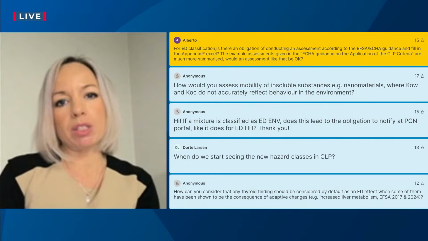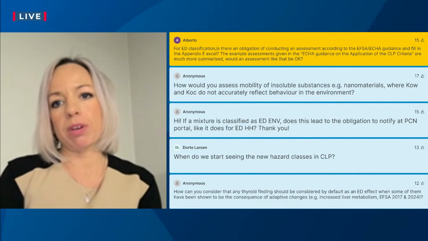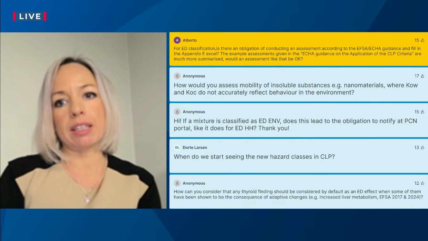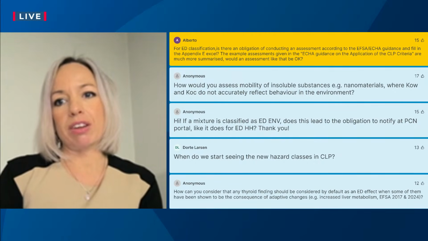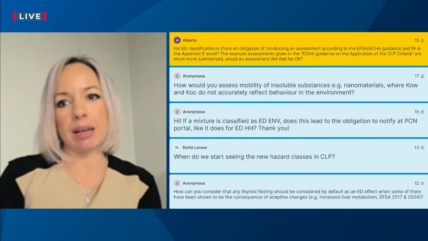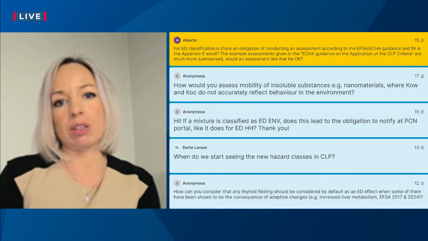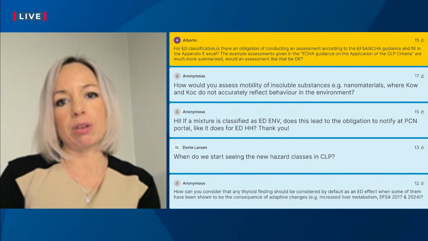I think something that could be very helpful on this is to look at the new CLH template, which is available on our website for submitting a CLH dossier, where you can see the relevant tables, how they look in this new CLH template on, for instance, assessing lines of evidence for endocrine disruptors.